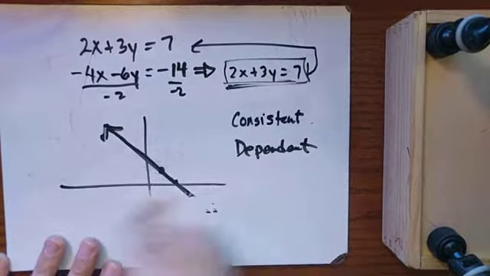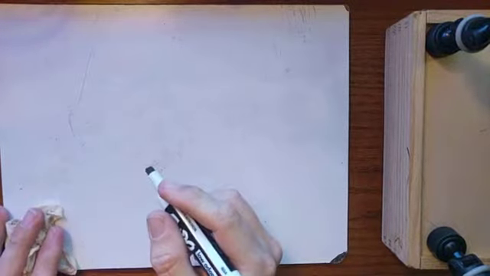So there are a couple ways to solve systems besides graphing. So let me go through two ways to solve a system. So let's go back to our first example.